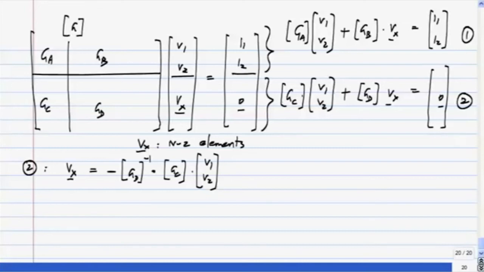And I will use that in 1. By the way, this means that GD has to be invertible, and we won't go into the complication. We will assume that GD is invertible.